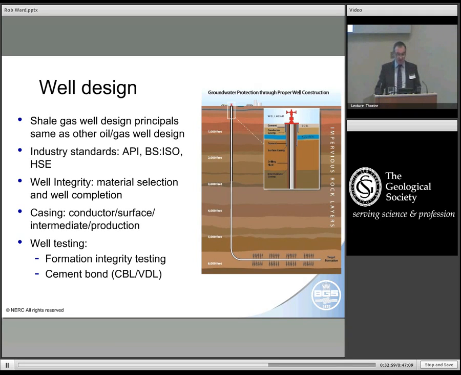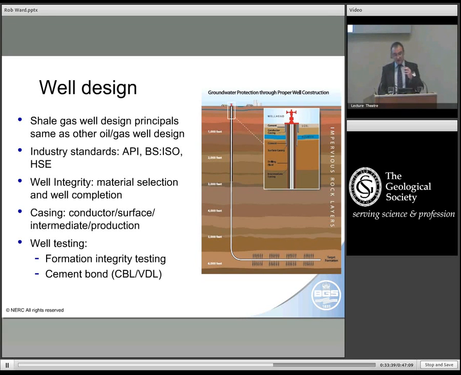So there are industry standards, and if the industry standards are followed, then the integrity of the wells will be fine. That will take into account the selection of required materials, the completion standards with respect to casing and other materials used, and as we've heard earlier, the completion involves the installation of a series of different stages of well casing down from the surface, where we have conductor casing and surface casing, which is down to a depth well below the lowest level of the aquifer, and then down to intermediate casing before finally the production casing.